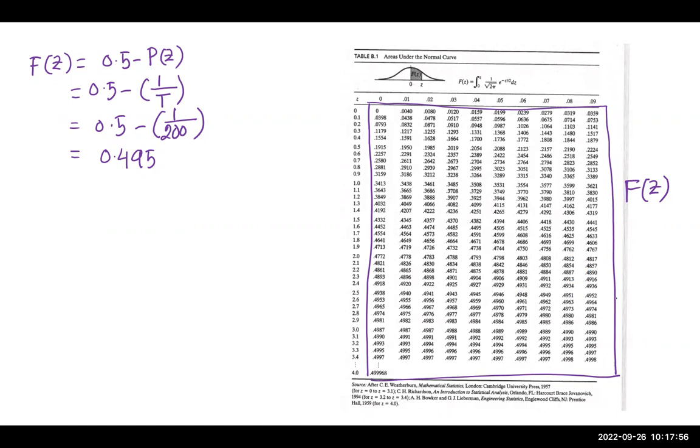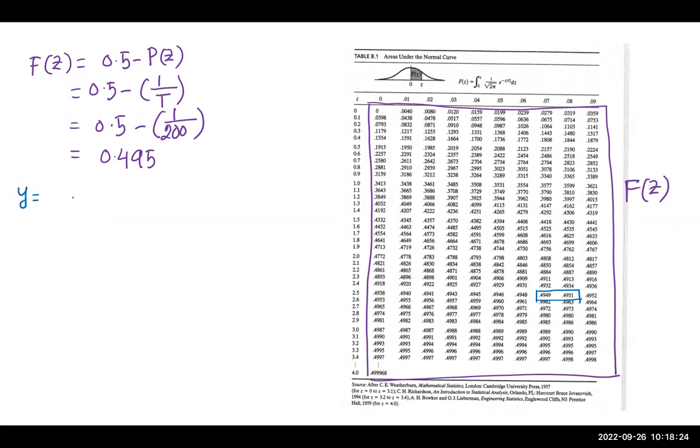We need to find which one is the closest to 0.495, right? So let's check here. Do you agree these two are the closest to 0.495? I didn't write down the interpolation equation, so you need to help me on that one. What is the linear interpolation equation? Do you have that on your copy?